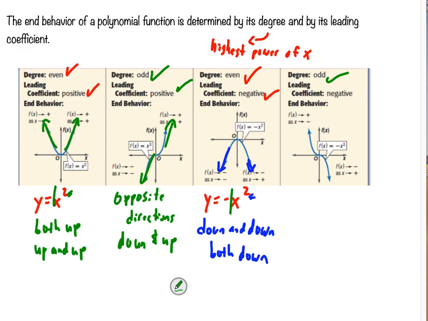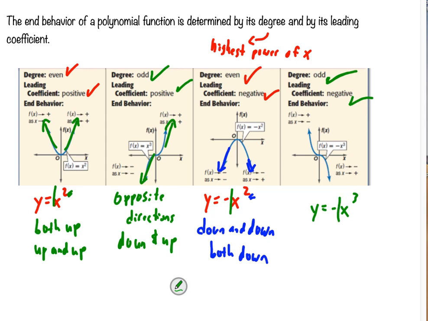All right, now look at the other one that's odd. It's going to have a negative leading coefficient. So our polynomial this time is y equals negative x to the third. So our leading coefficient is -1.